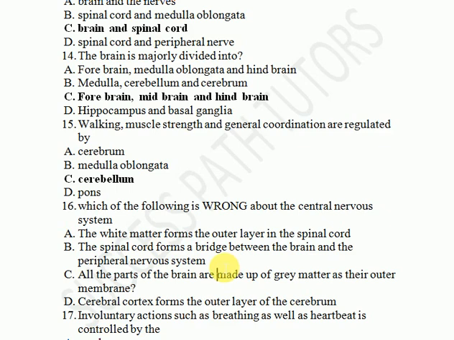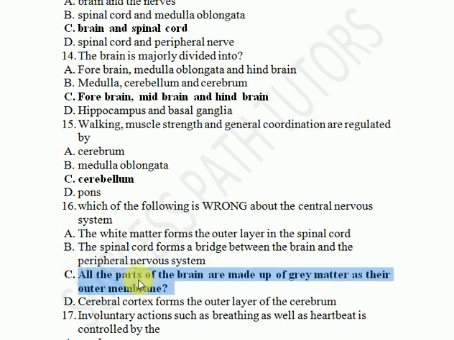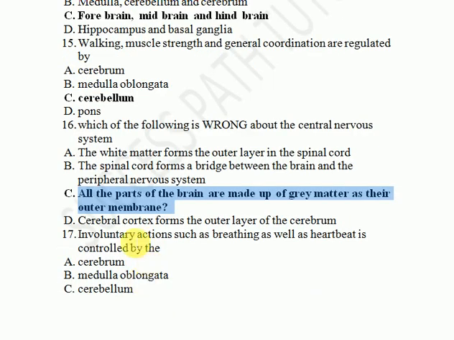Yes, the outer layer of the brain is made up of gray matter, but the medulla oblongata is made up of white matter, just like the spinal cord. So this statement is wrong. It's not the entire brain that has gray matter as its outside part. Option D is also correct. So the wrong one here is C. Involuntary actions such as breathing as well as heartbeat are controlled by the medulla oblongata.